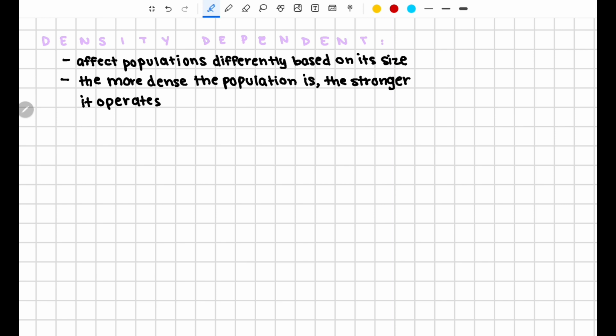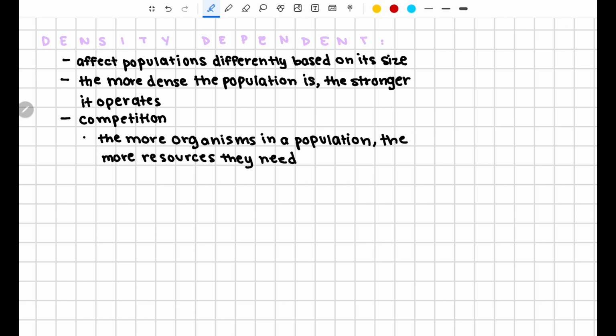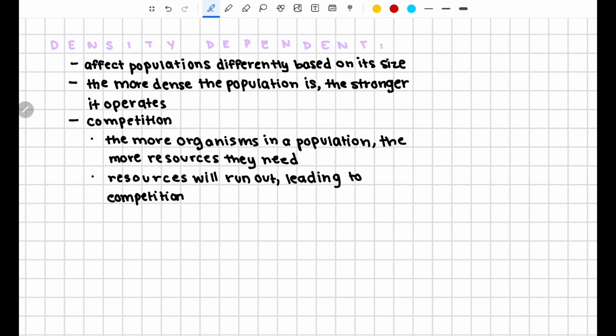Now let's go over some examples of density-dependent factors. Competition is a density-dependent factor because large, dense populations are going to need a lot more resources, and those resources are going to run out much sooner.